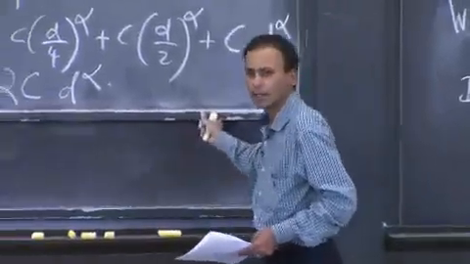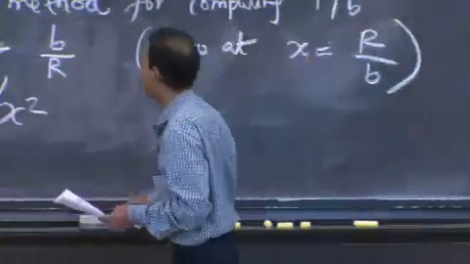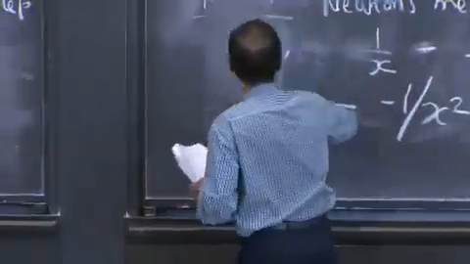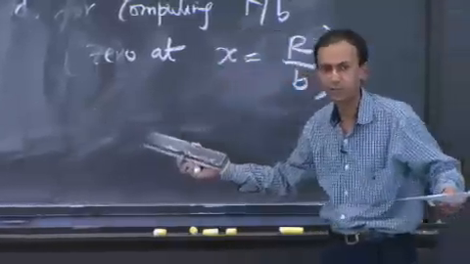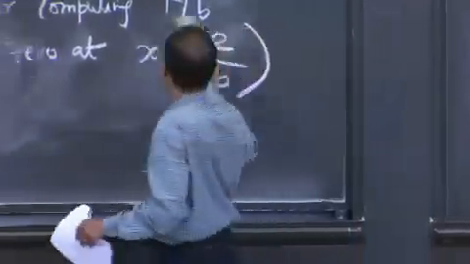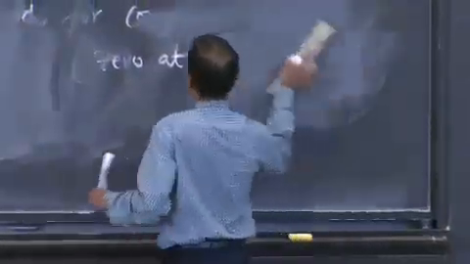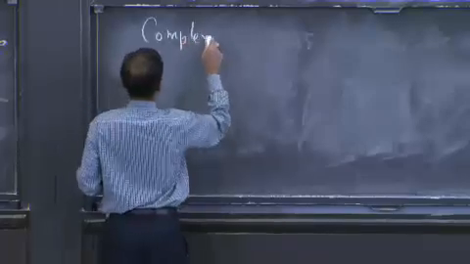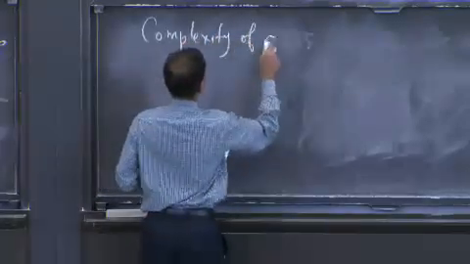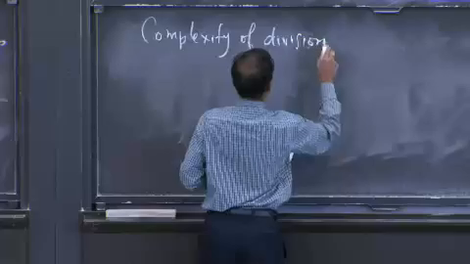All right? So what does this mean? I guess ultimately, the complexity of division is now what? It's the same as the complexity of multiplication, right? So regardless of whether we did a Newton iteration or not, the complexity of division is the same.